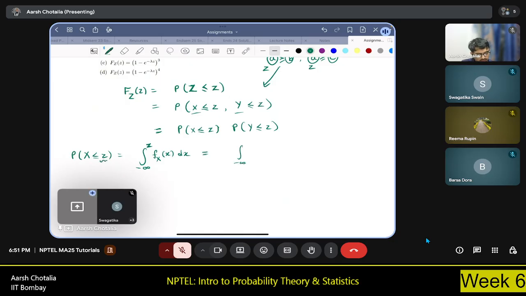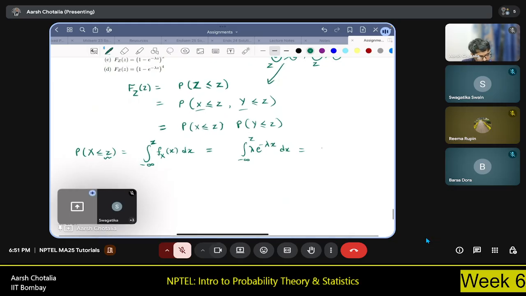This is the integral of lambda e raised to minus lambda x dx. Sorry, there was lambda here also, right? So this becomes e raised to minus lambda x, and this lambda gets cancelled. So just minus this from minus infinity to z.